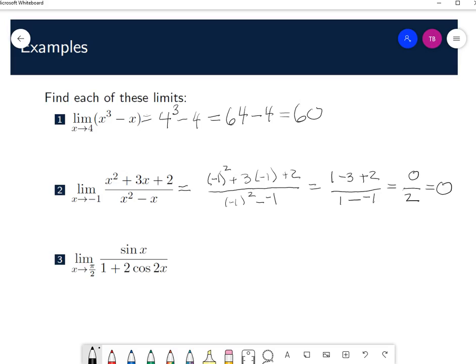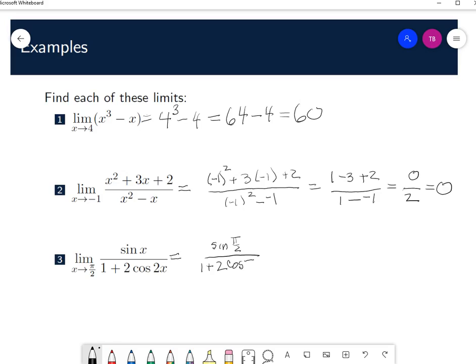Let's see. Limit as x goes to pi over 2 of sine x over 1 plus 2 cosine 2x. I hear you groaning. They will come to you as we use them more and more in the semester. I will post a unit circle so you can refresh yourself on the trig functions. I'm just going to plug in pi over 2 and see what comes out. Sine of pi over 2 divided by 1 plus 2 cosine of 2 times pi over 2.